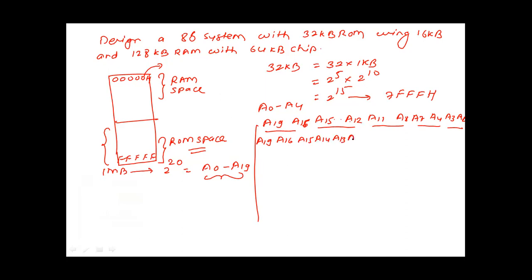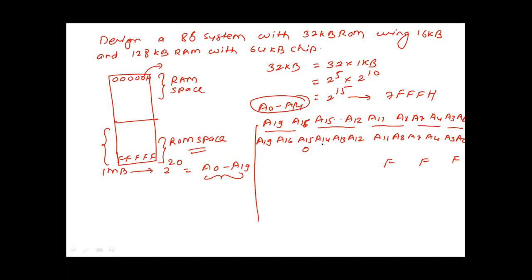I will be using only 3 nibbles out of these 4 nibbles, so I'll write in shortcut A11 to A8, because the final value would be all 1, final address F, and this would be F, this would be F. And as I'm using A0 to A14, until A14 all the address lines would be 1.